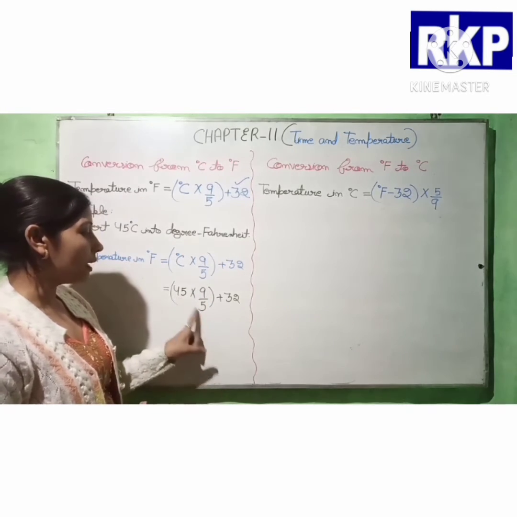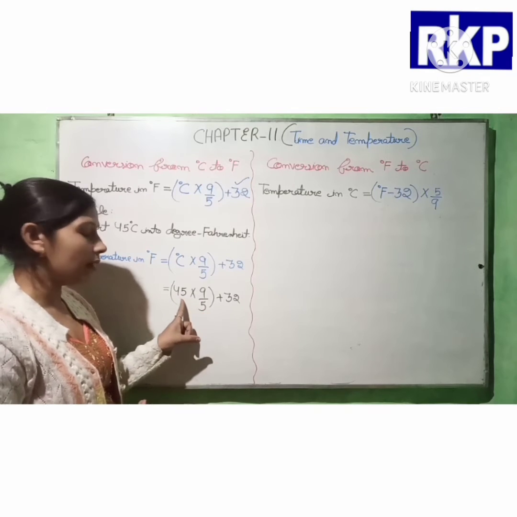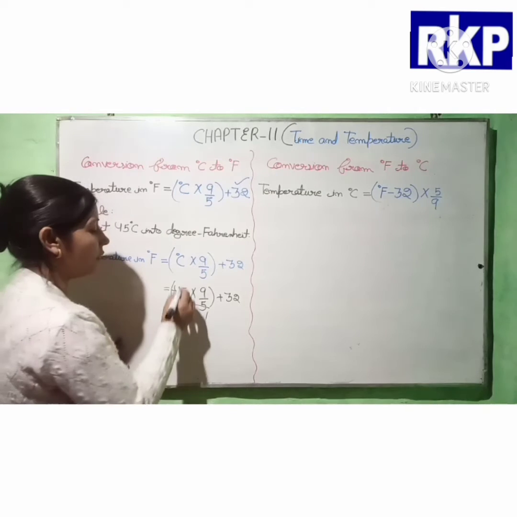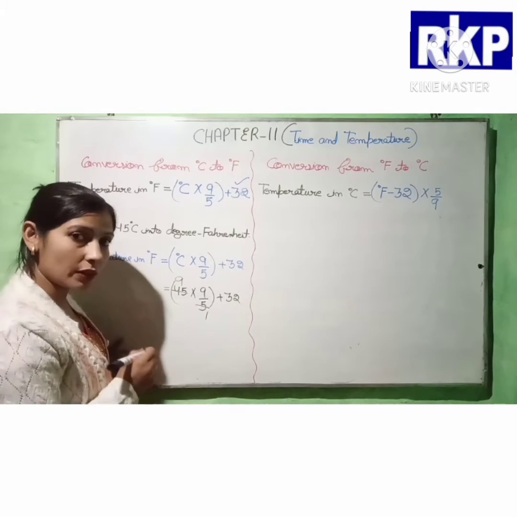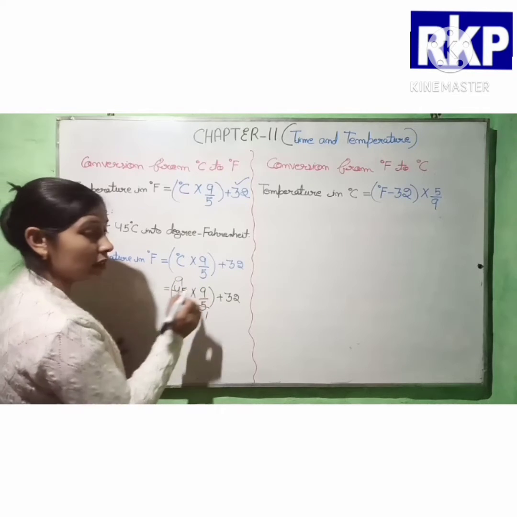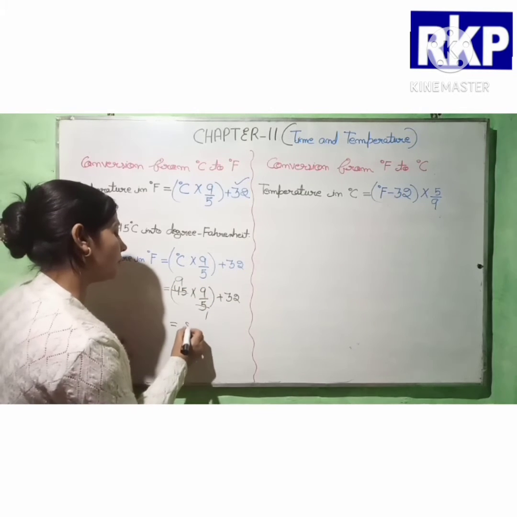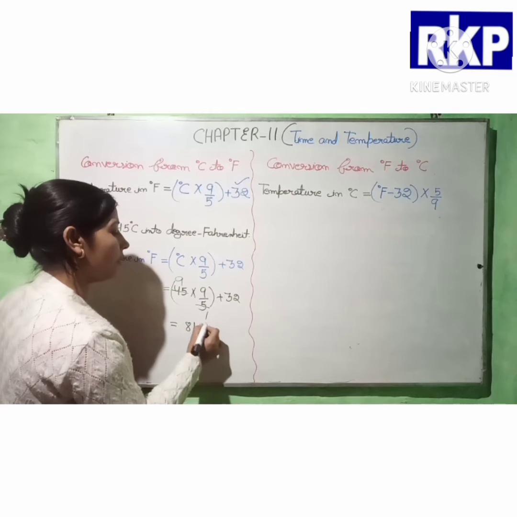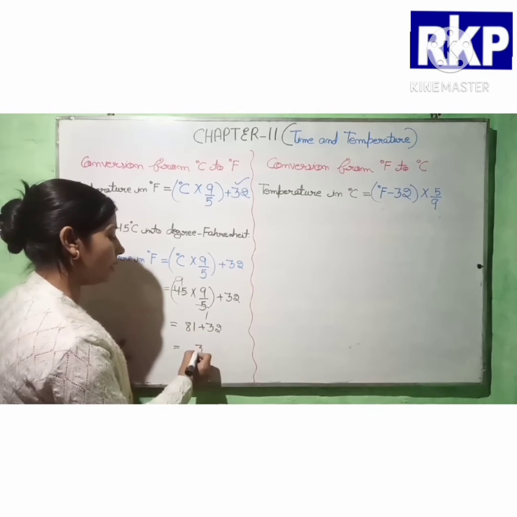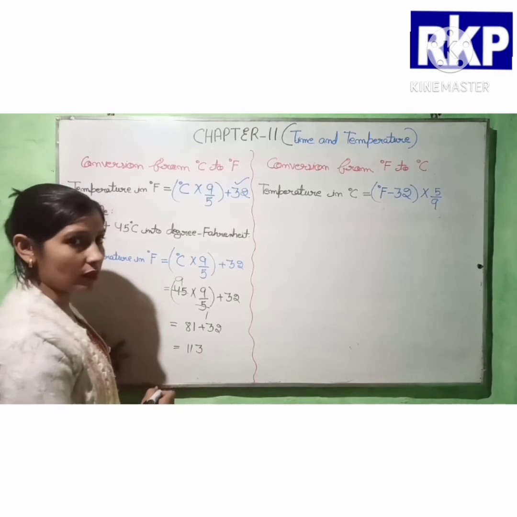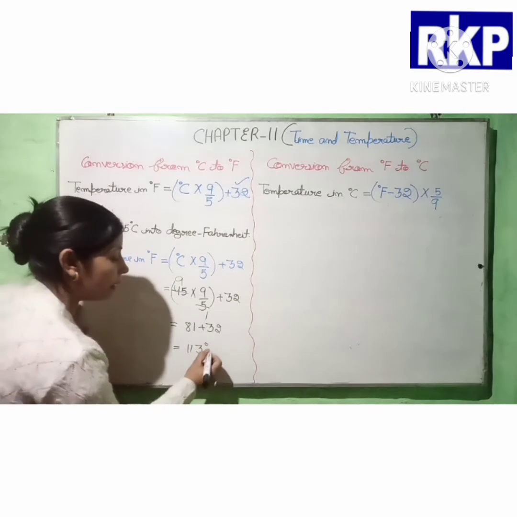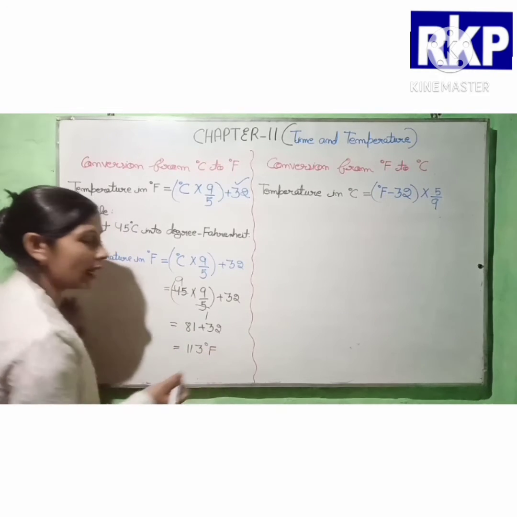So we can cancel 5 and 45: 5 ones are 5 and 5 nines are 45. So here we have to multiply 9 with 9. 9 nines are 81 and then we have to add 32. 1 and 2 is 3, 8 and 3 is 11. So now our answer will be 113 degree Fahrenheit.